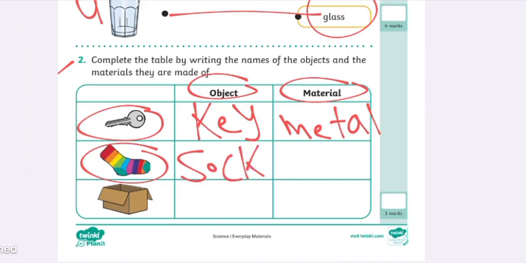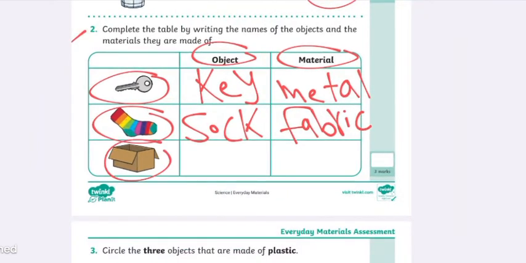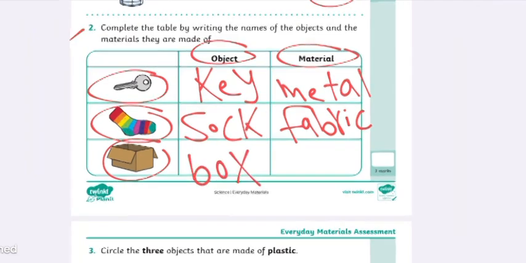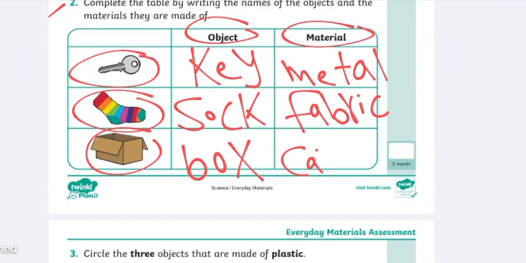And it's made from which material? Fabric. What is the name of this object? Box. And it's made from what? Paper. You can say paper or you can say cardboard. So both of them are right, but cardboard is better.